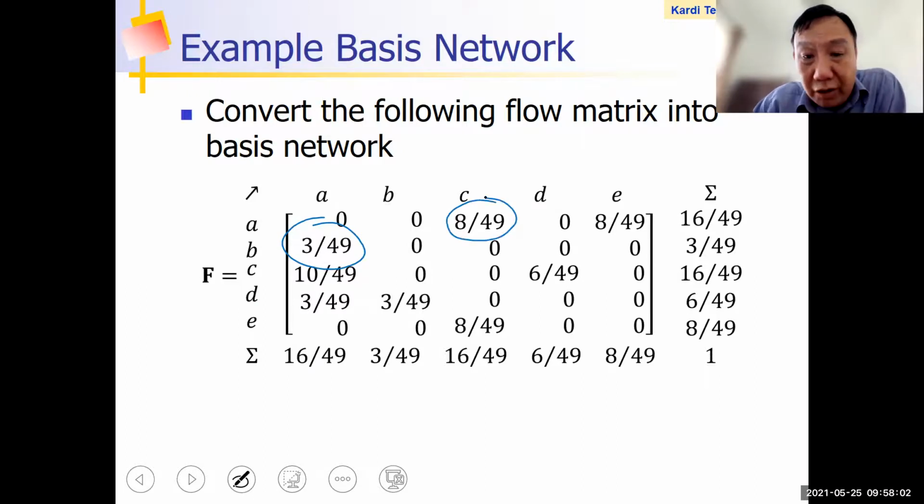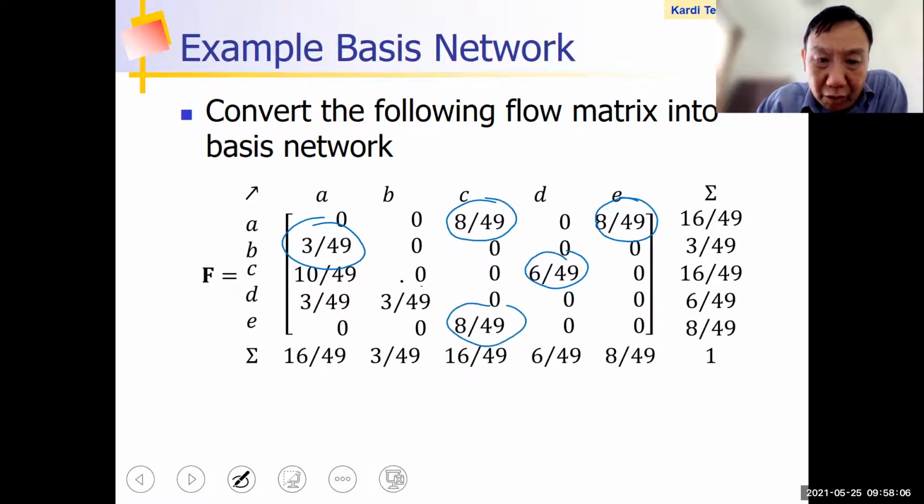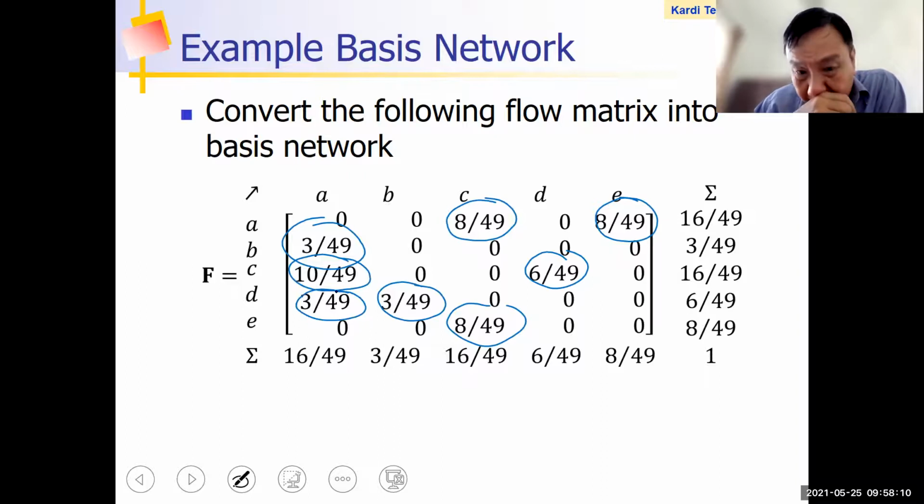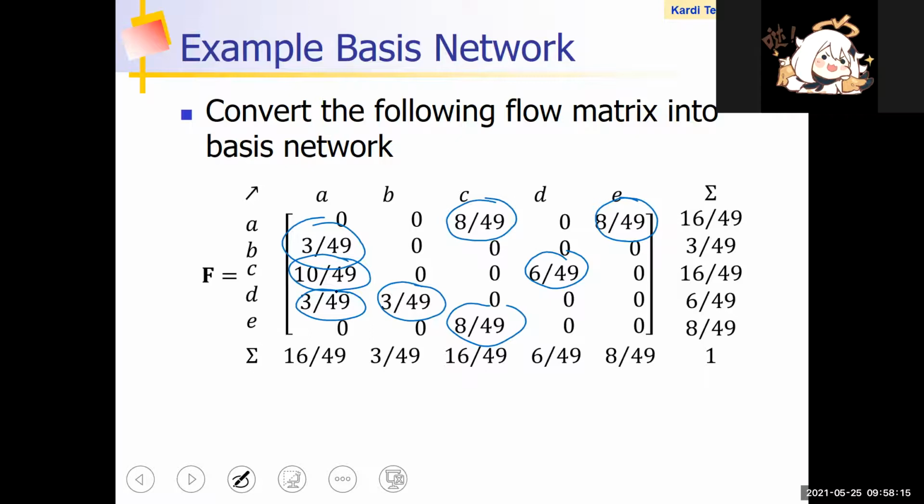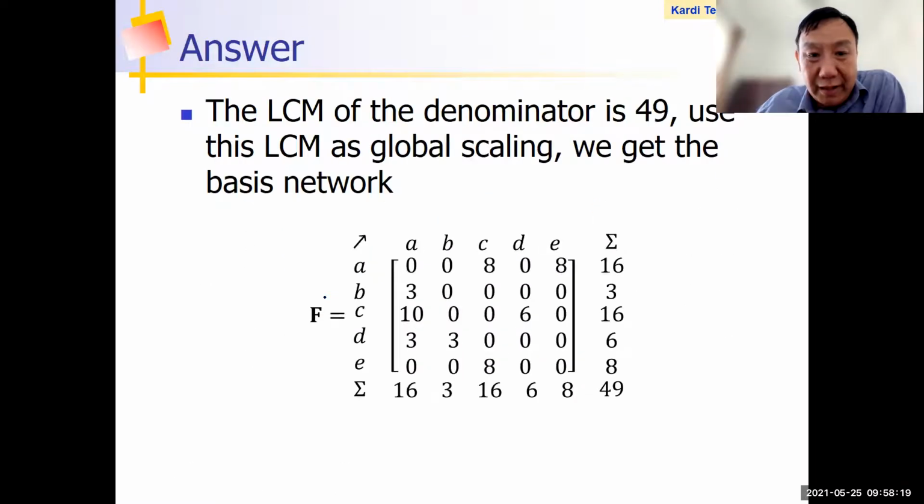Can you see the denominator? What is the denominator of the fraction? 49. 49, very good. So then you multiply this with 49. You will get this matrix. Isn't it? So you will get integers.